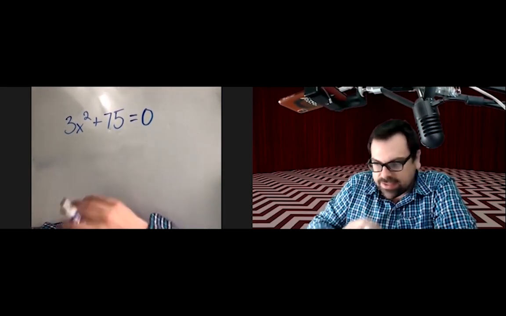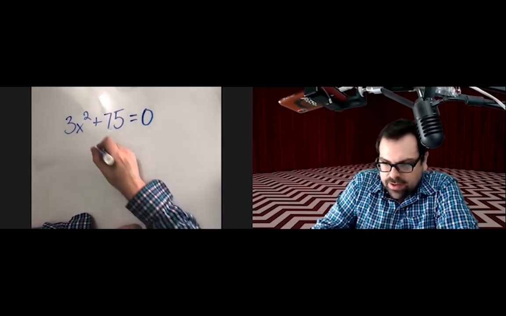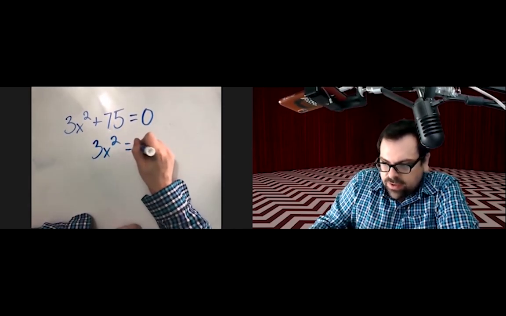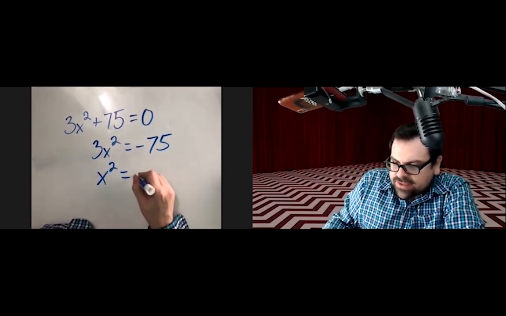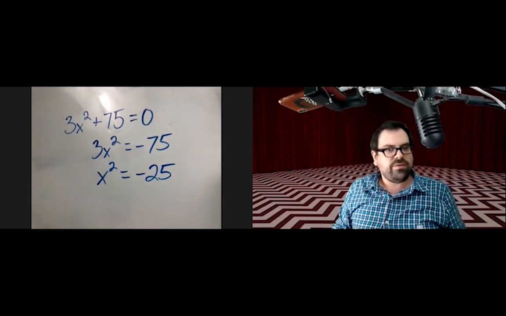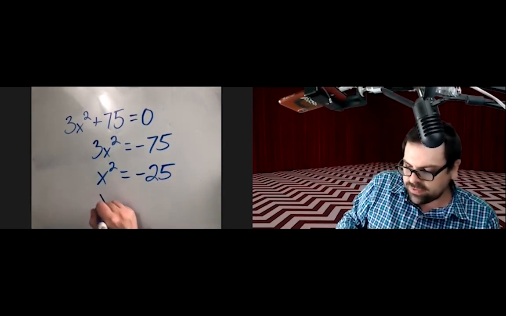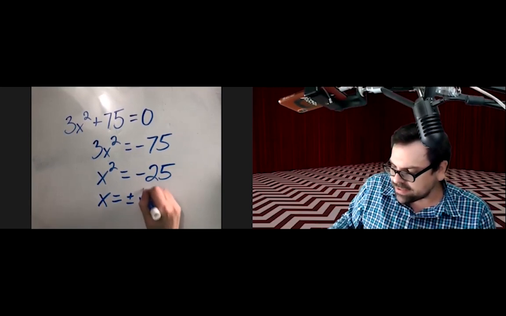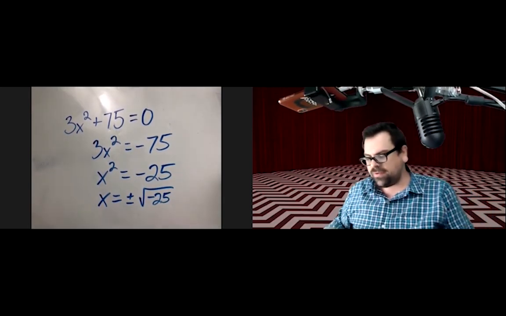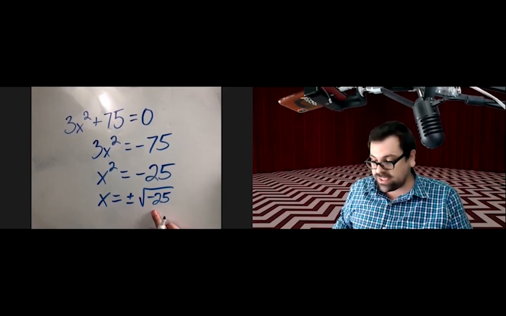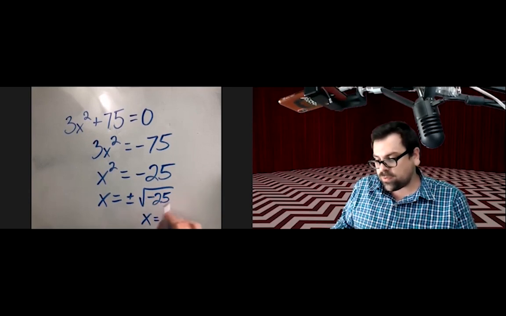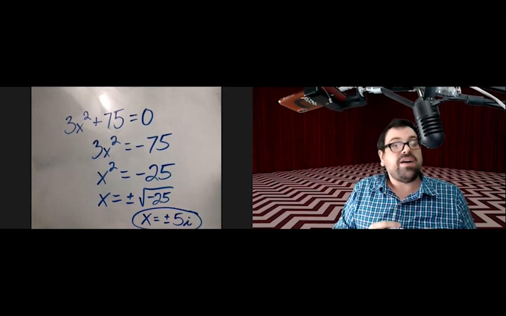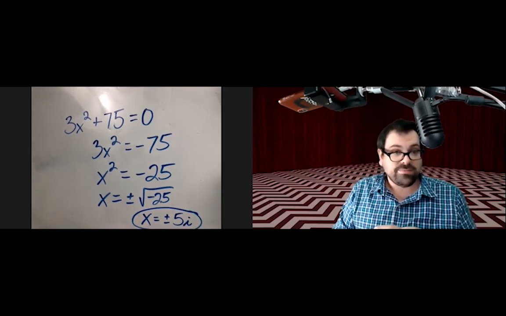So 3x² would equal -75. Divide both sides by 3, x² equals -25. Take the square root of both sides, x equals plus or minus the square root of -25. We couldn't do this before today, but now we know that the square root of -25 is plus or minus 5i.